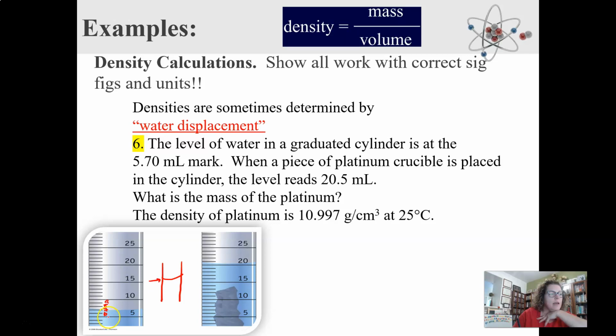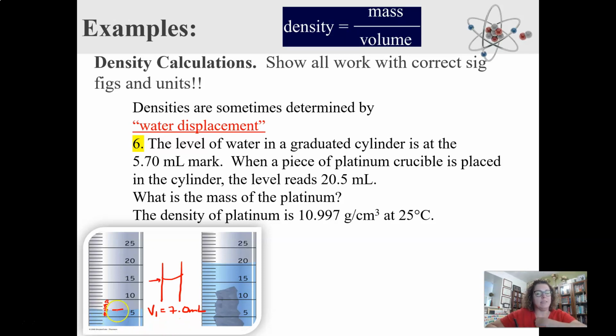So right here, it looks like my meniscus is exactly on the line, the 7. So I'm going to say this initial volume, I'm going to call it V1, is 7.0 milliliters. And it's very key to measure equipment correctly with placeholder numbers, as in sig figs.